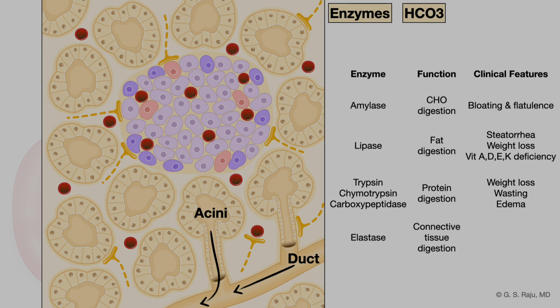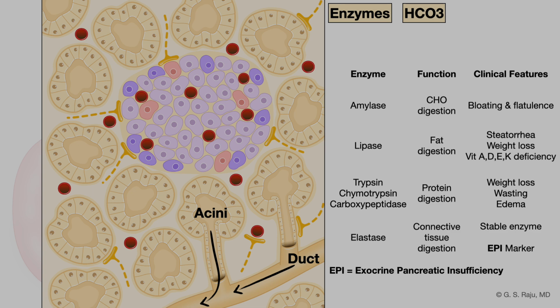Unlike trypsin, chymotrypsin, carboxypeptidase, which can get destroyed as they go down the stream in the small intestine and colon, elastase is stable and can be measured. And this measurement of elastase in the stool, otherwise known as fecal elastase level, is used for diagnosing exocrine pancreatic insufficiency.